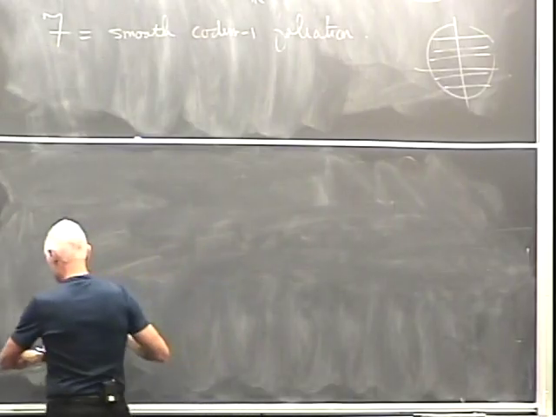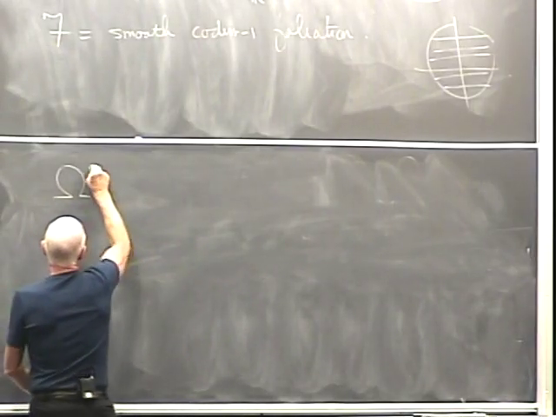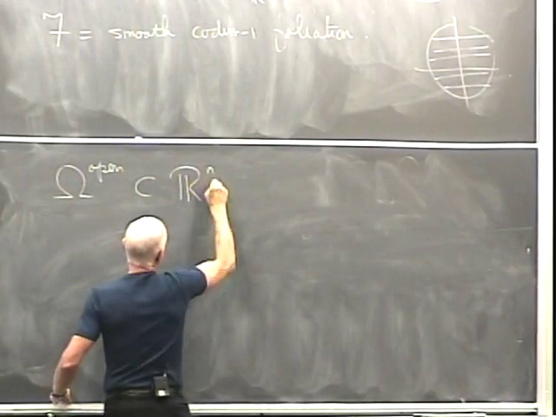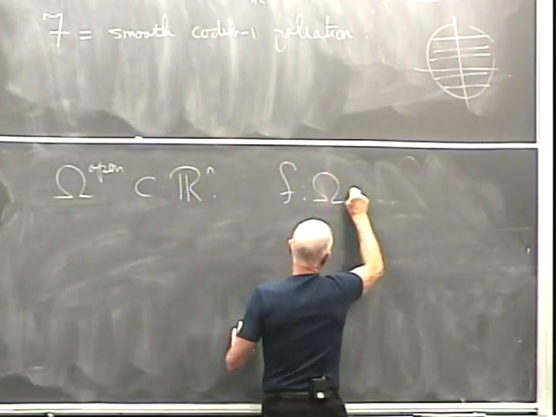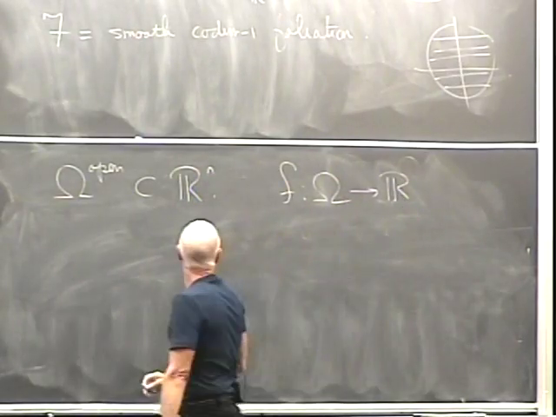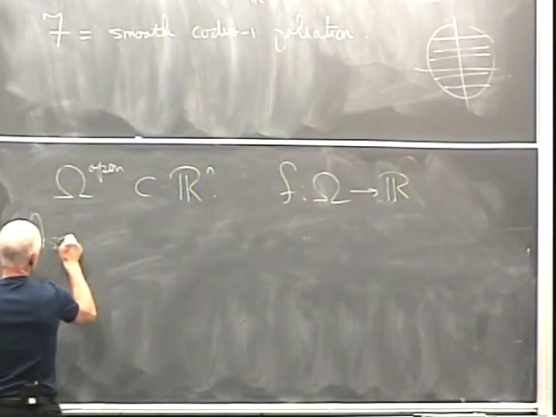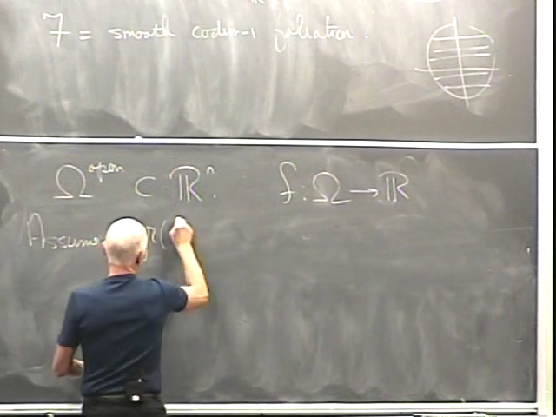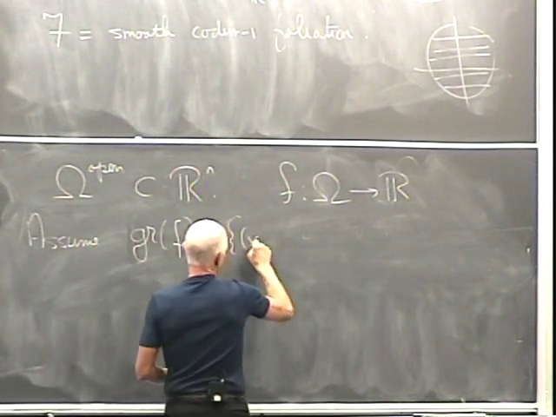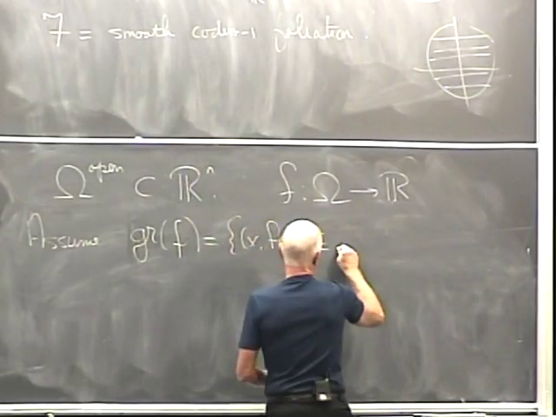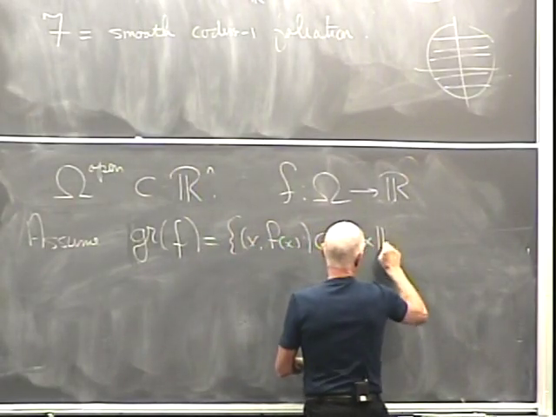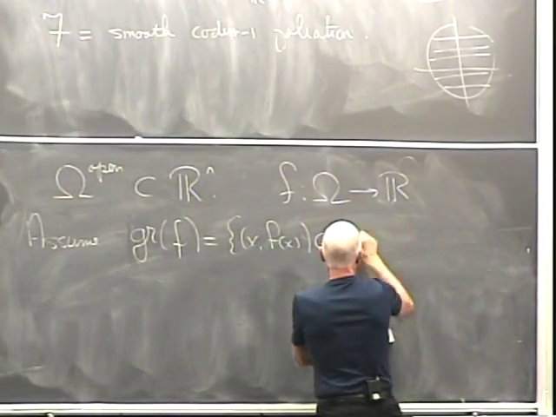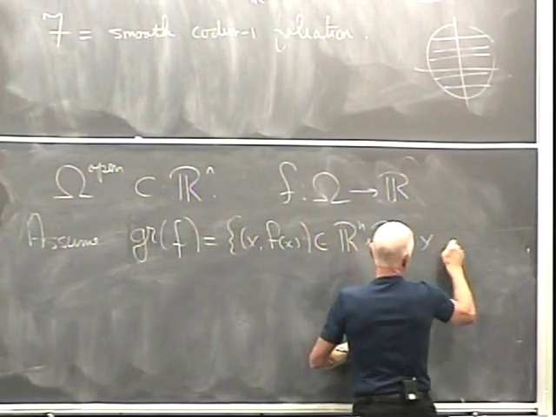So we just do the following. Let's take a domain in R^n, and f a real valued function, and assume that the graph of f, I'll call it Gr, these are the points (x, f(x)) in R^n cross R, where x is in omega.